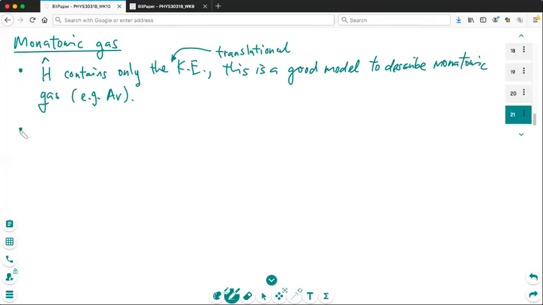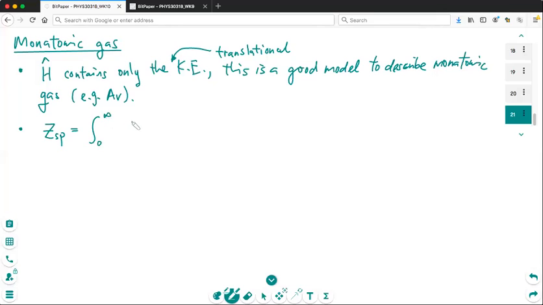So let's write down the partition function. We already have the partition function for the dilute case. That is how we get the Boltzmann factor. So the integral form will be like this.